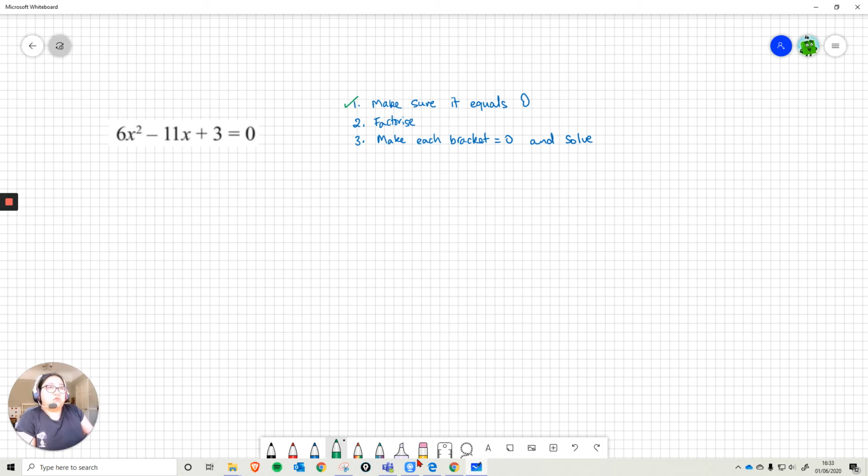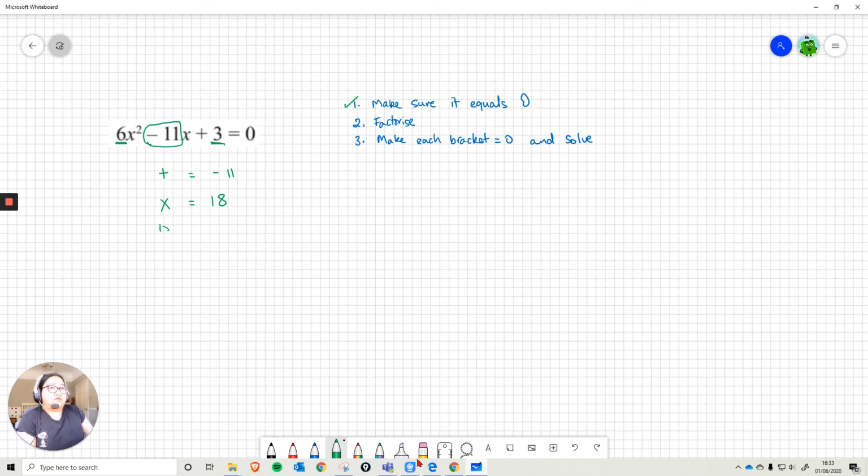Again, remember, we want the two numbers in our bracket to add to give the middle term. So I want them to add together to give me minus 11, but I want them to times together to equal 18. And remember, this 18 comes from the coefficient of x squared and the constant at the end. It's those two numbers multiplied together that give me the 18.